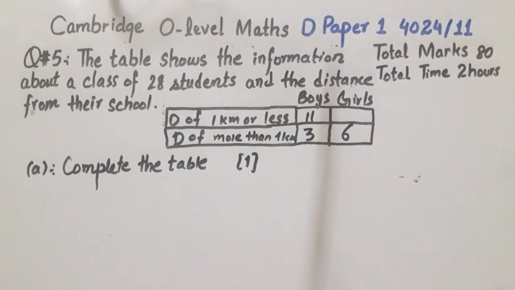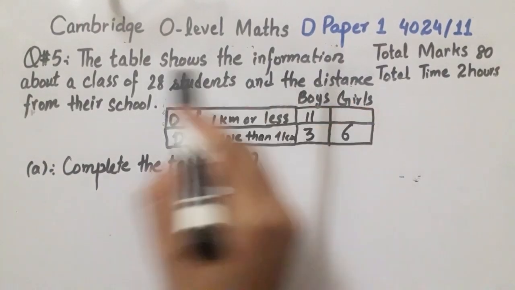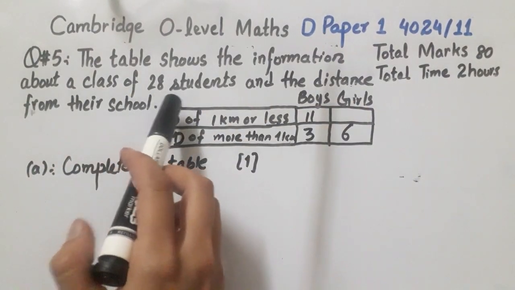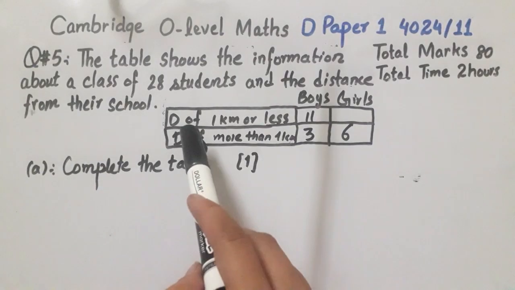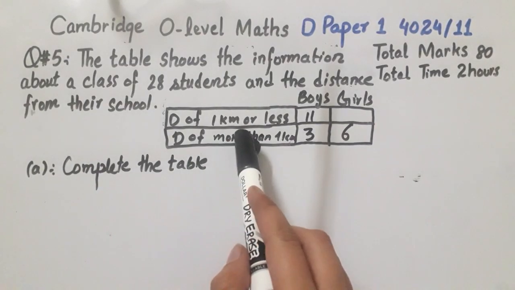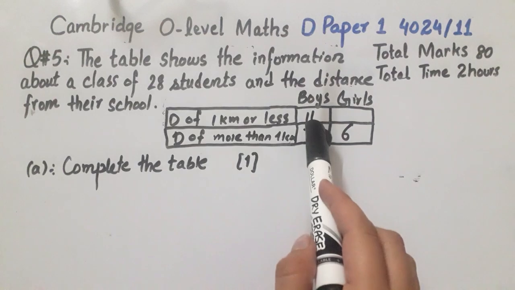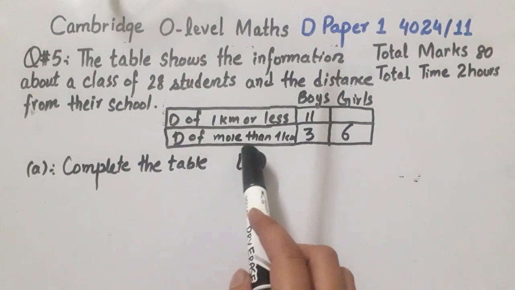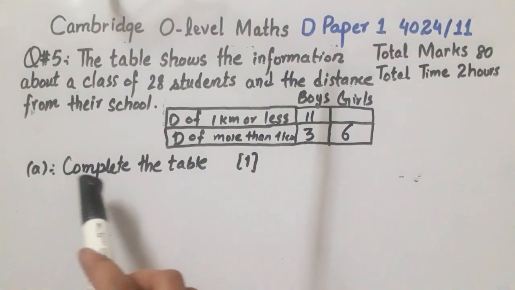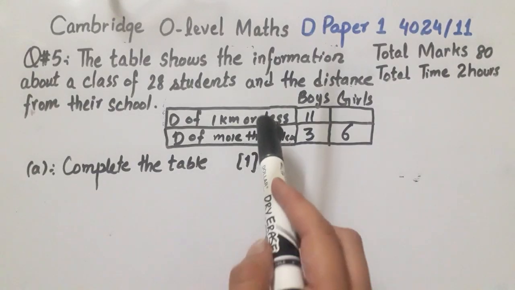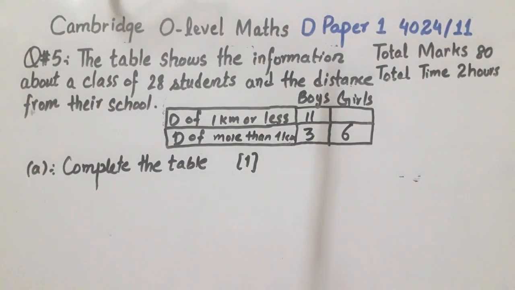Now question number 5: the table shows the information about a class of 28 students and the distance from their school, such that a distance of 1 kilometer or less is for 11 boys, and a distance of more than 1 kilometer is for 3 boys and 6 girls. In the A part, complete the table, and this contains 1 mark.